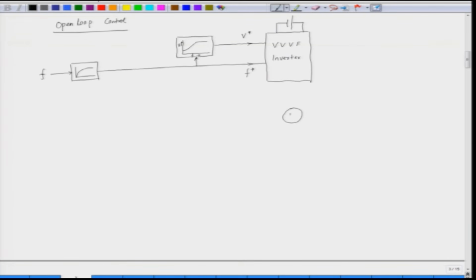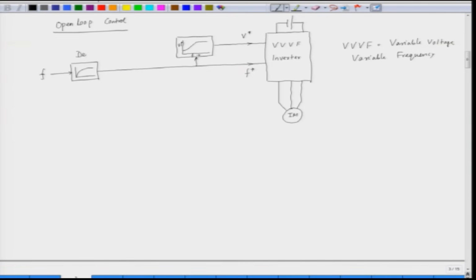We have the induction motor here, it is a 3-phase induction motor, and the output of the inverter is 3-phase like this. And so, VF stands for variable voltage, variable frequency, and this is what is the inverter. So, VVVF inverter here.